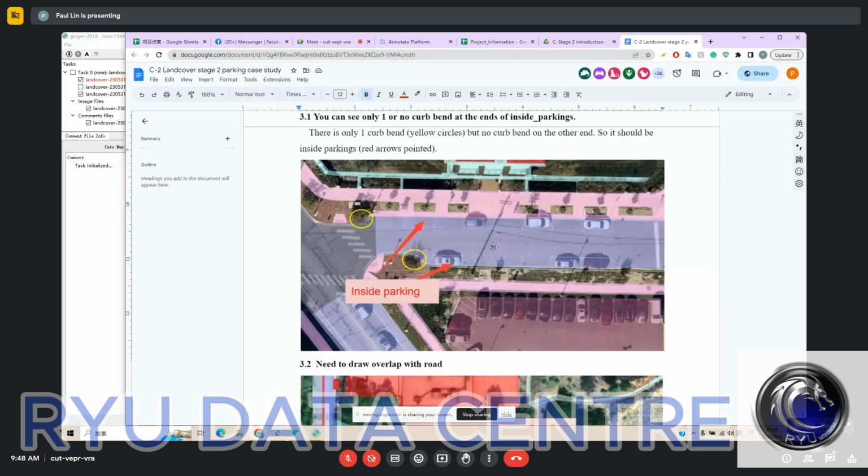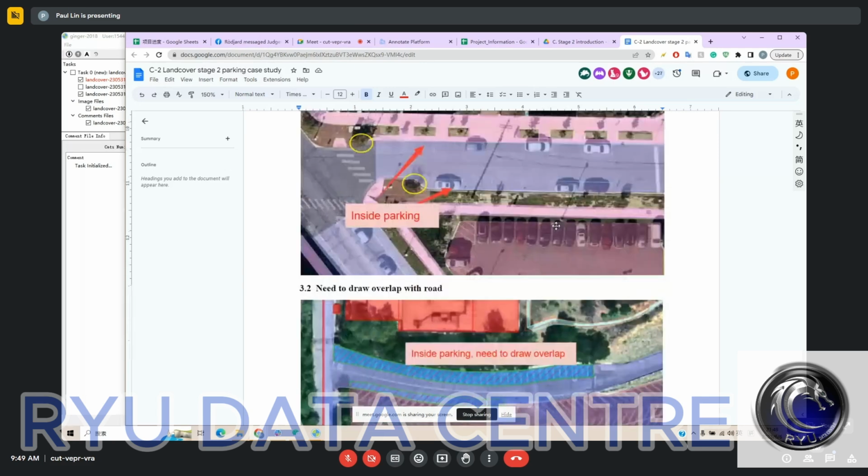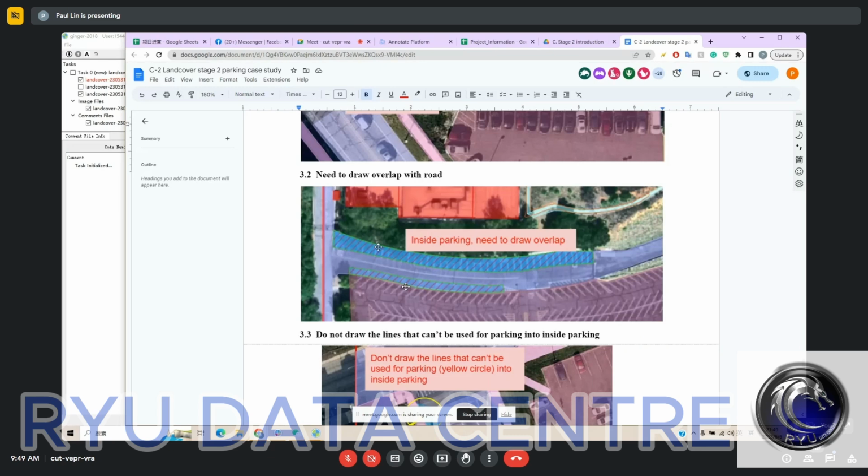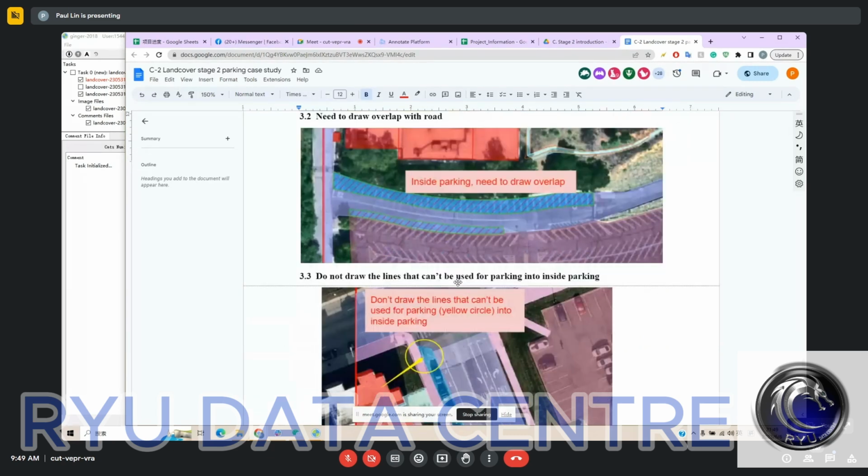In this case, we can see that inside of the road, there is a parking line and there are cars parked inside. So we can capture this as inside parking, and we need to do the overlap. As you can see, we need to draw the overlap for it.